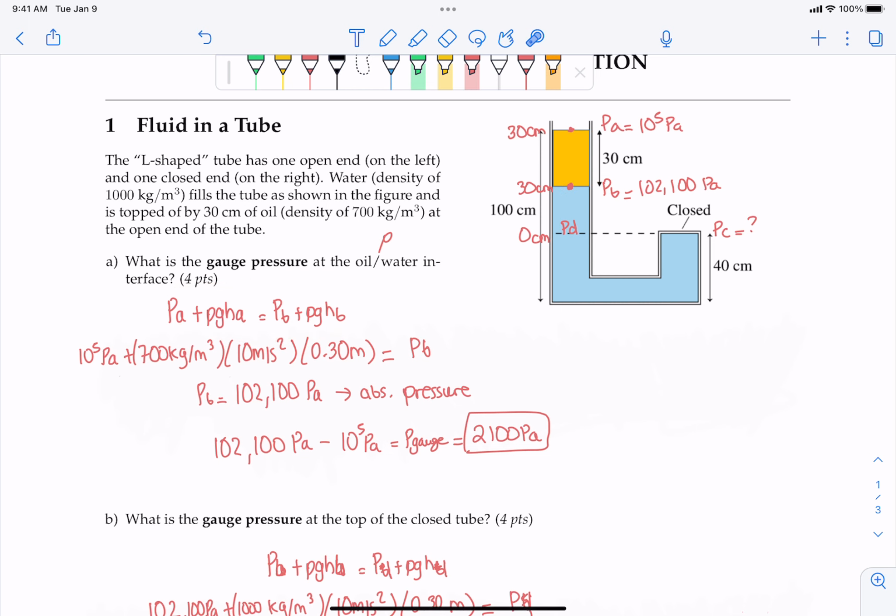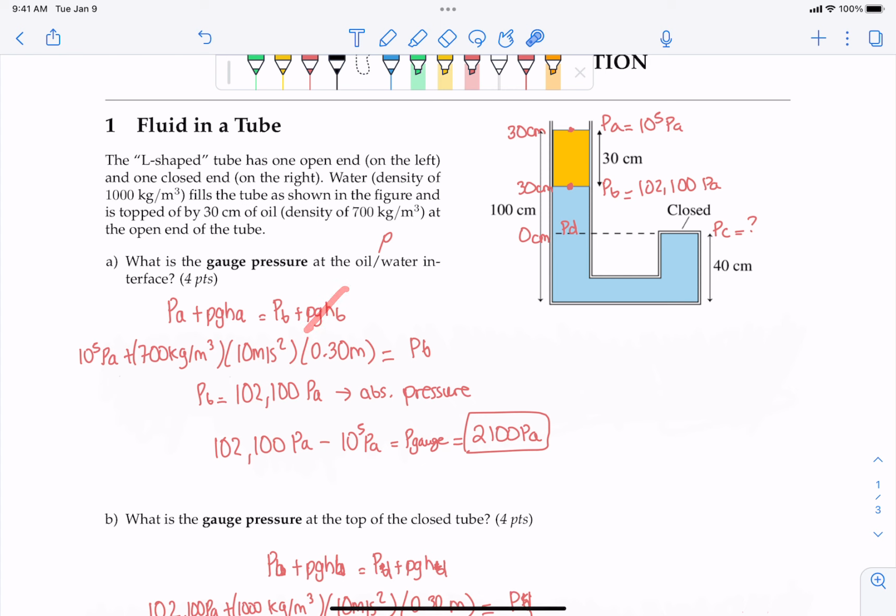We know the atmospheric pressure PA is 10 to the fifth pascals, and then we plug in these values: the density of oil times acceleration due to gravity, and this height is 0.30 meters, which is 30 centimeters, relative to making point B at 0 centimeters. So the HB term will be 0 because we made the height at B 0 centimeters.